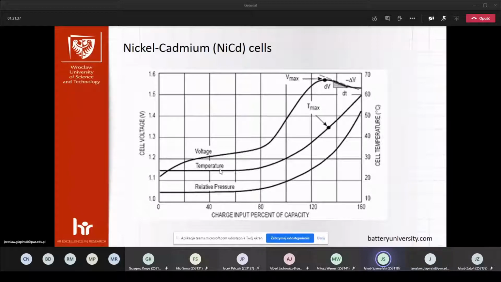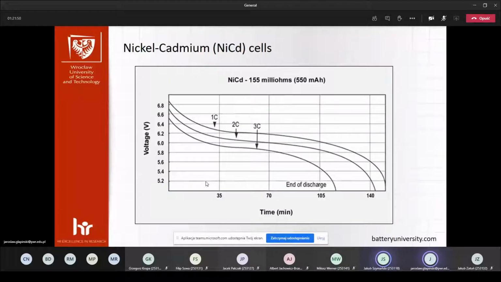Yeah? If you would want the watt-hour rating of our battery, we want the area below the curve from the previous slide. Yeah, this one. So watt-hour is the area under the curve, right?